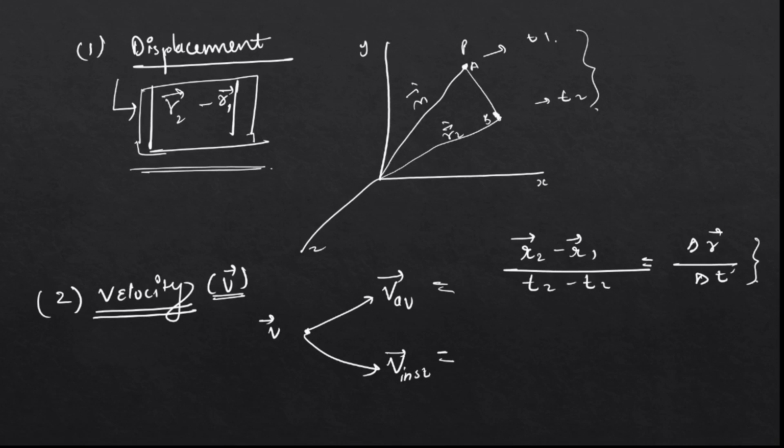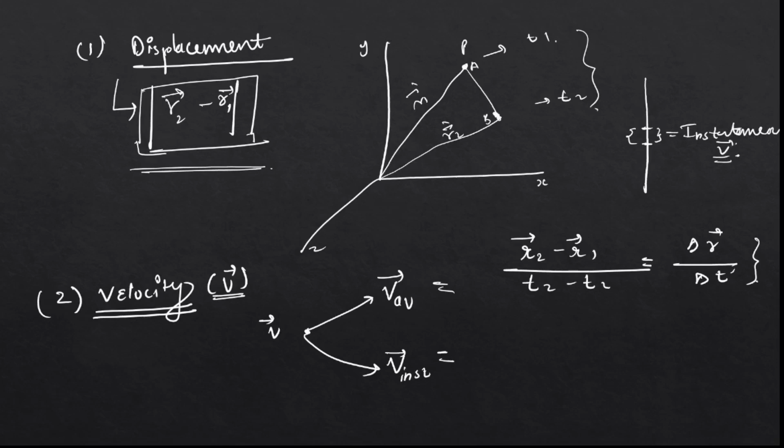Now if I am only and only interested in finding the position at very small interval of time, how much variation is coming in the position in this short interval of time of that particle, that would be termed as its instantaneous velocity, right?